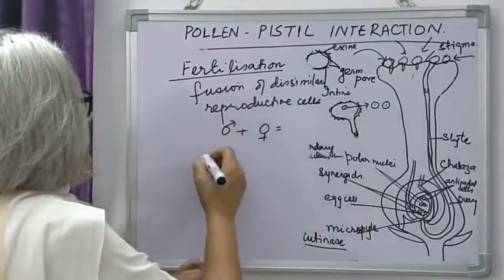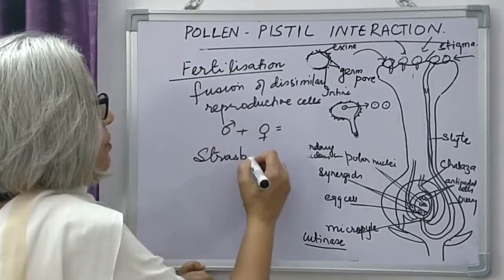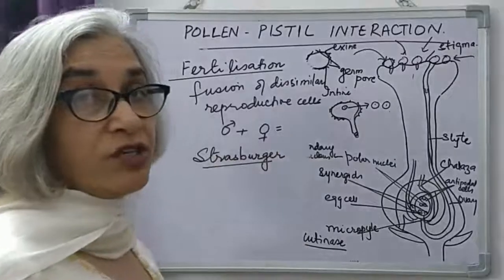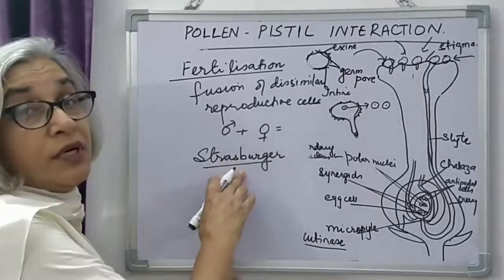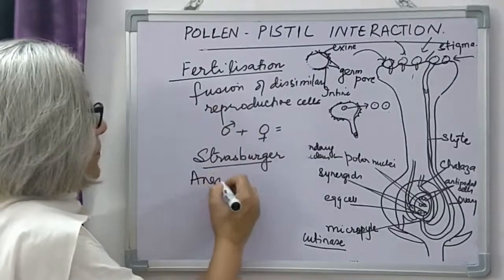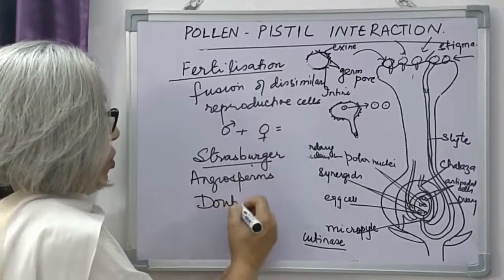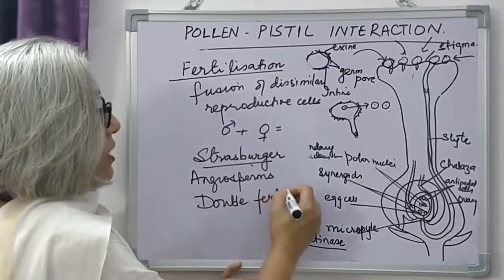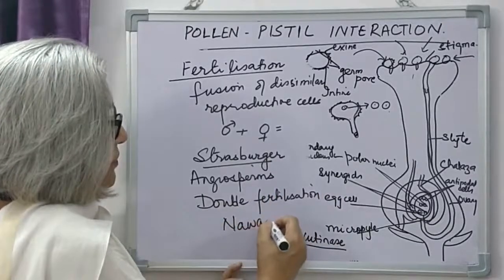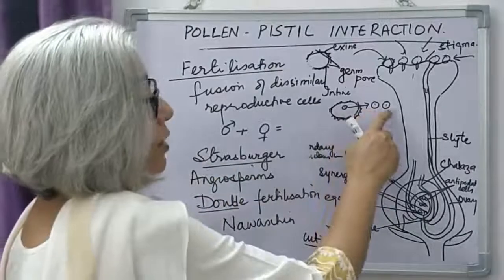Now, this was for the first time seen in angiospermic plants by Strasburger. The phenomenon of fertilization was studied by the scientist Strasburger. Now, angiosperms show a special kind of fertilization which is called double fertilization, and this was reported by the scientist Nawaschin. Double means two male gametes are produced.